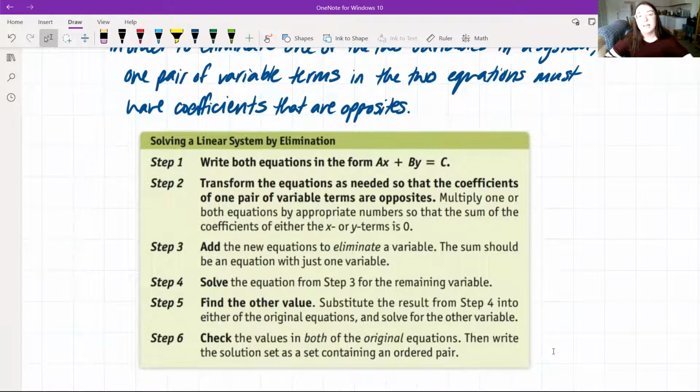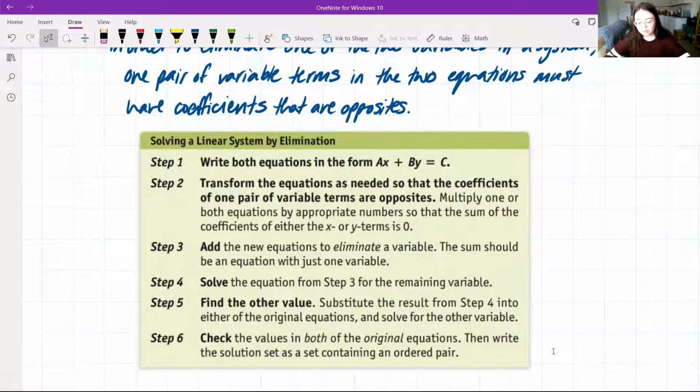So this just means that if we somehow don't have opposites of any of our variables, we can multiply some value to an equation to create opposites in that case.